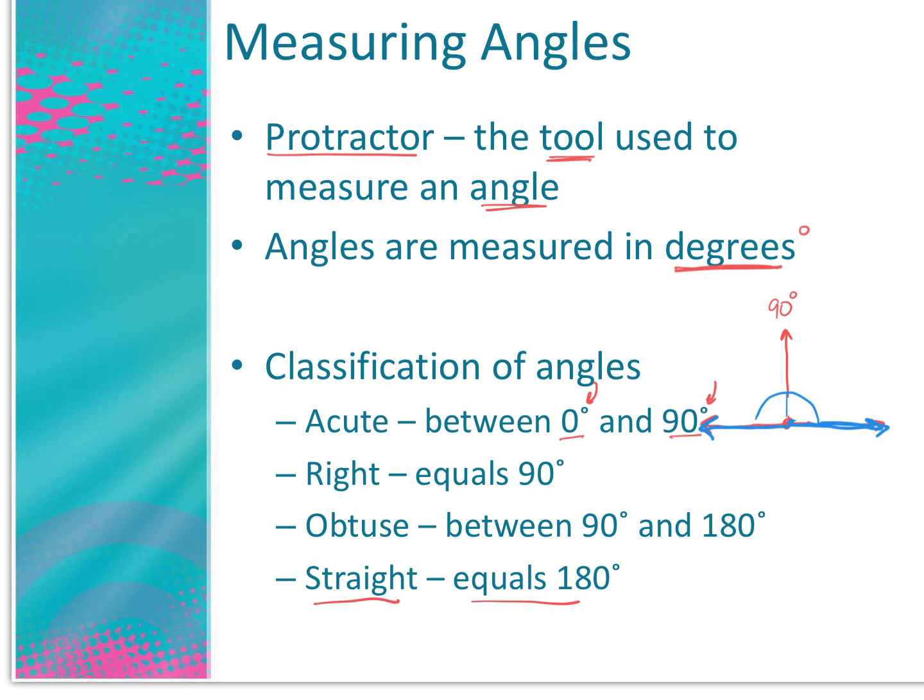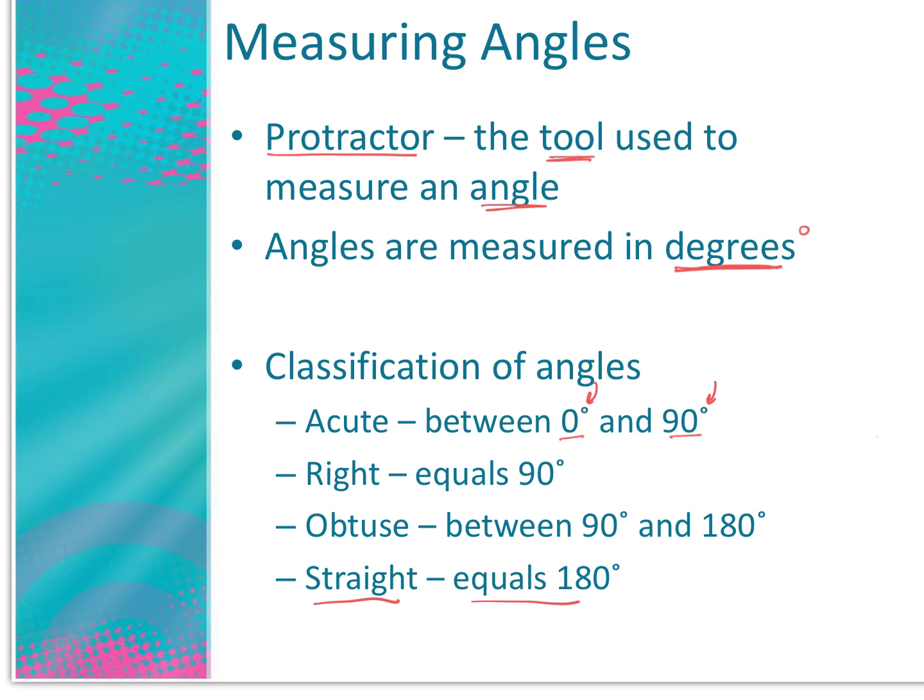It forms a straight line, and that's equal to 180 degrees. And anything between 90 and 180, that's your obtuse. So anything that falls in here, maybe 110 degrees or 120 degrees. You want to recognize the different ones.